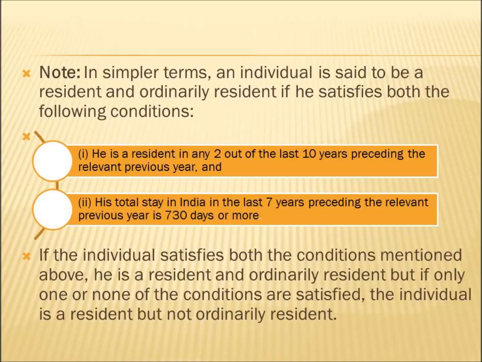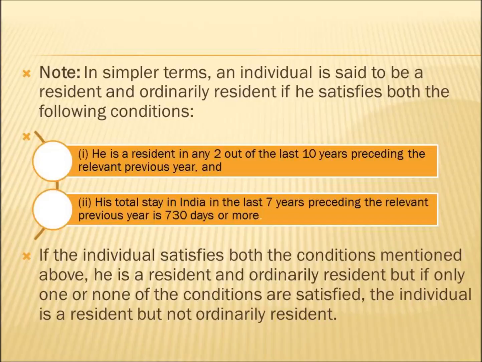So we have reversed the two conditions given for the category of not ordinarily resident. If we satisfy both these reverse conditions, then we can be classified as resident and ordinarily resident.